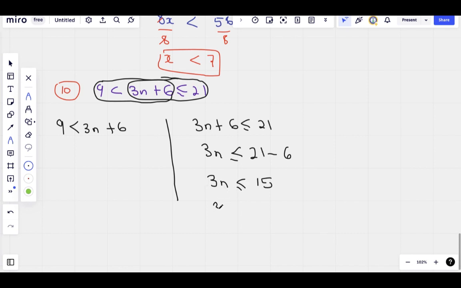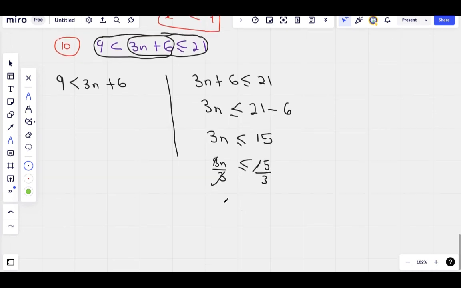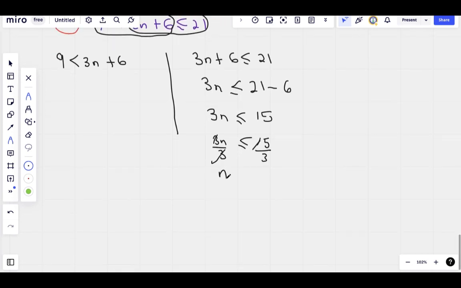So you say 3n over 3 is less than or equal to 15 over 3. So this cancels this, and then we have n is less than or equal to 5. 15 divided by 3 is 5. So we get this first side on the right.